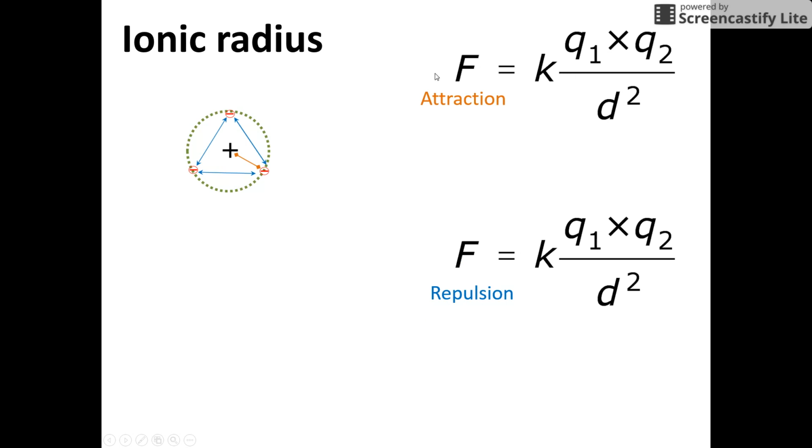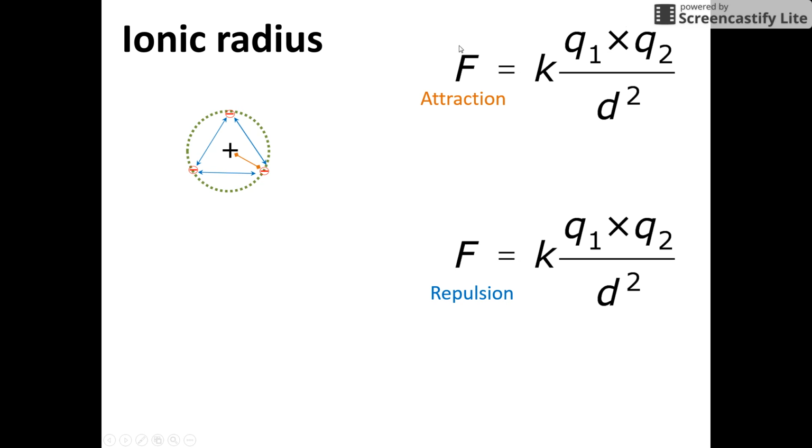So in the last video, we looked at Coulomb's Law, which you don't have to know, but it's a good way of seeing how the force of attraction between the nucleus and the electrons is based on the charge of the nucleus and on the electron, as well as the distance between them.